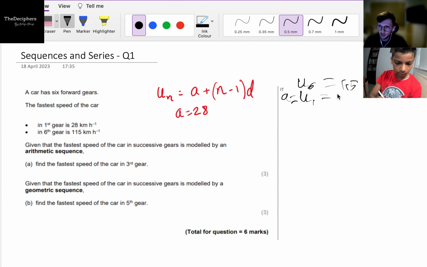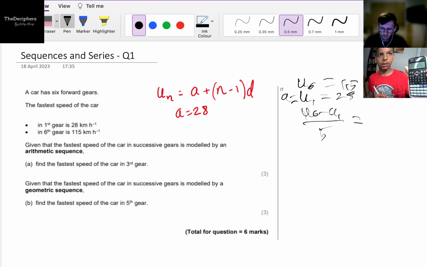And that's 28. Then U of 6 minus U of 1 divided by 5, which is 6 minus 1. That's going to give us 115 minus 28 divided by 5.